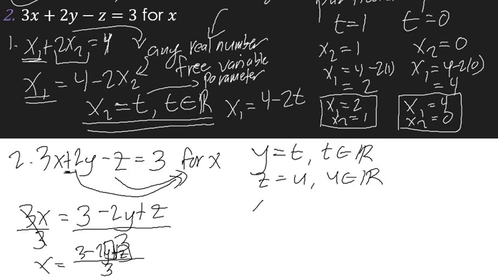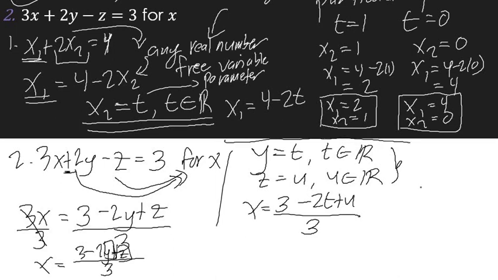While our x will be defined as 3 minus 2t plus u all over 3, based on the fact that t and u are these two predefined numbers already. And this is our solution to this specific equation. It doesn't need to be written in order, because anyway it would mean the same.